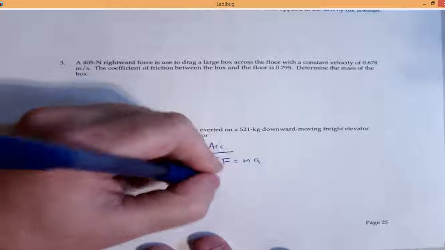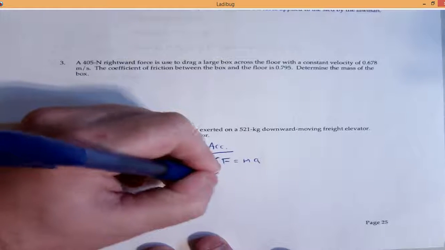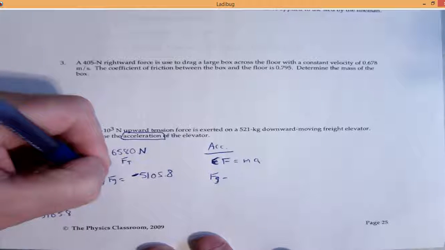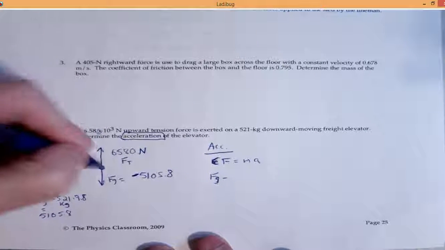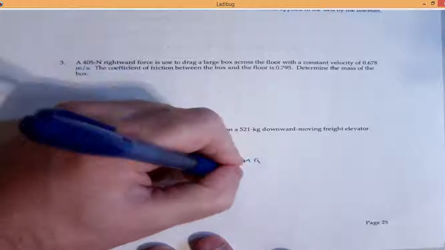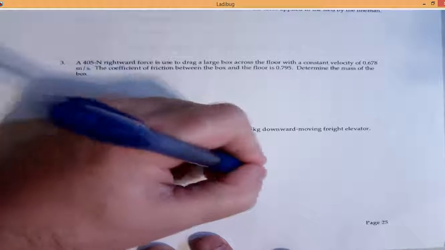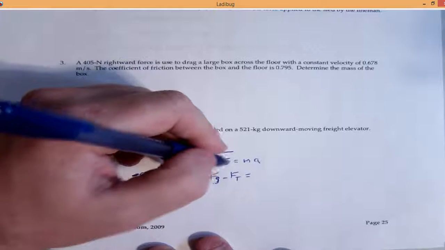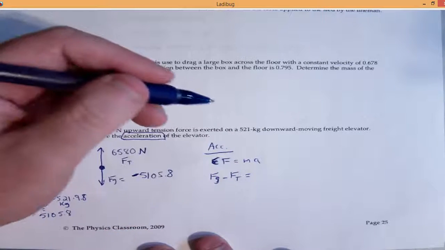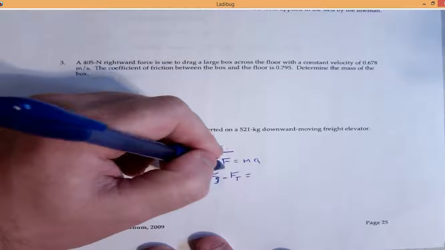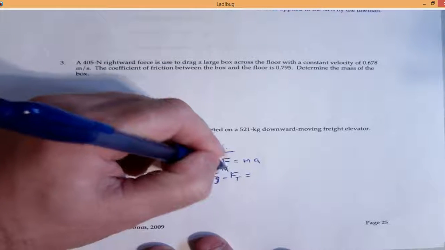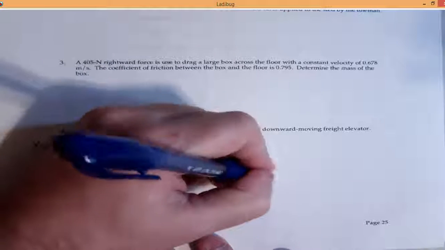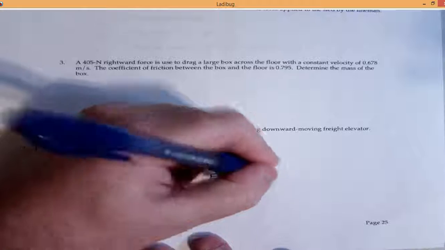So our overall force is the force of gravity minus, so our downward force minus, take a guess what the other one is, our upward force, our tension force. And you know that's going to equal, because that's our acceleration force, overall force equals mass times acceleration. So this is just split up, right? The force of tension minus force of gravity equals mass times acceleration.